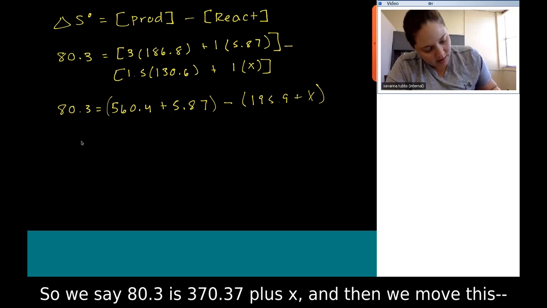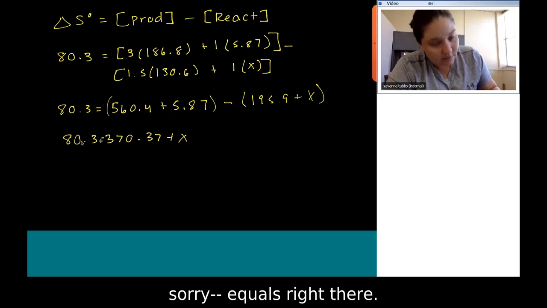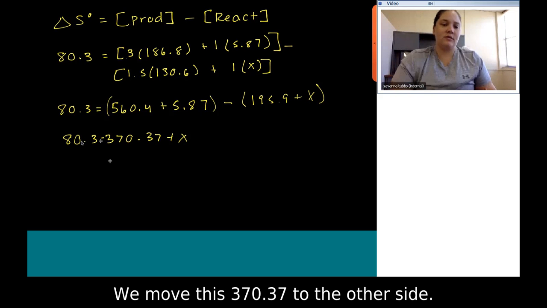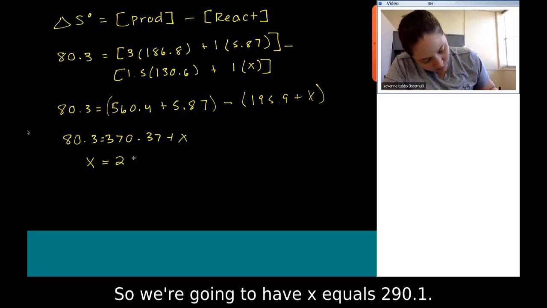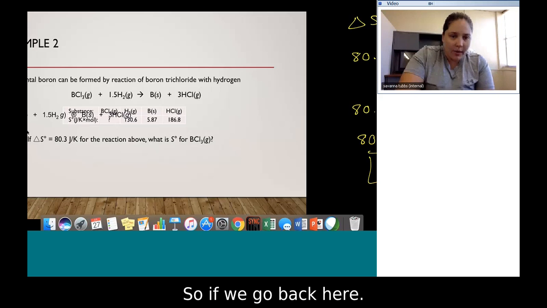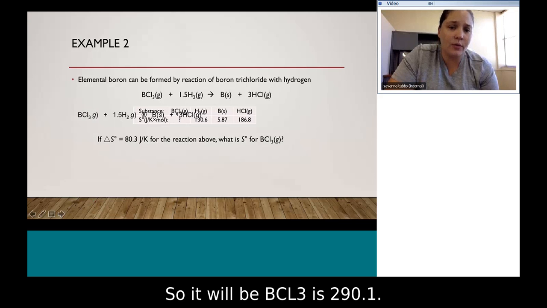So we say 80.3 is 370.37 plus x, and then we move this 370.37 to the other side. So we're going to have x equals 290.1. So if we go back here, what goes in this question mark spot, so the BCl3, is 290.1.